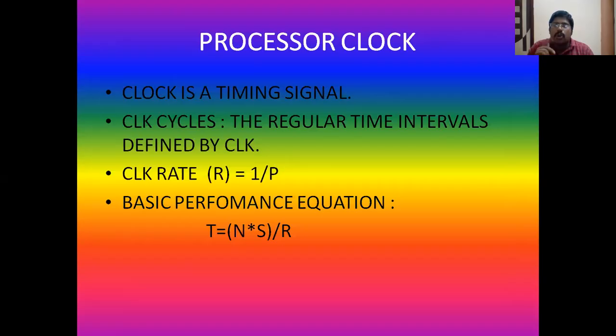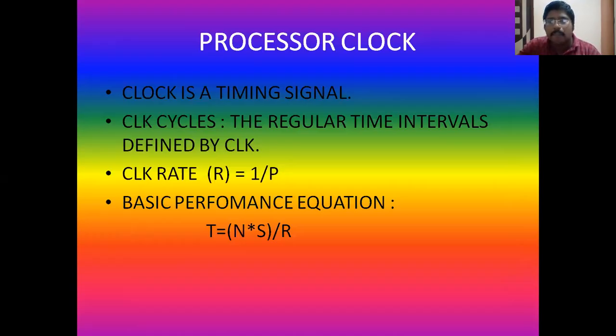For high performance we need to give a high frequency. If the clock frequency is high, then the time period will be less, because frequency f is equal to 1 by t. If the frequency is high, the time period is going to be less.